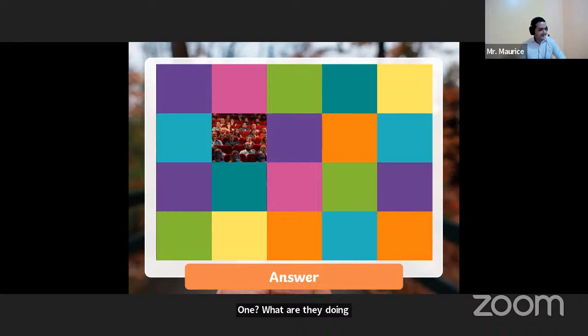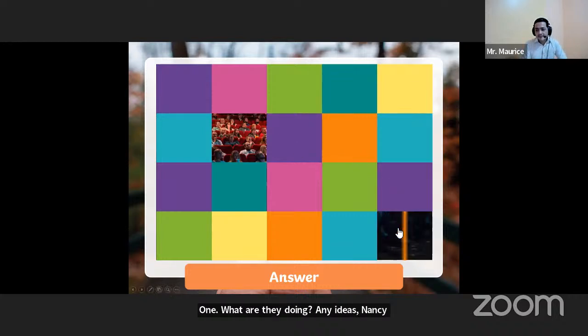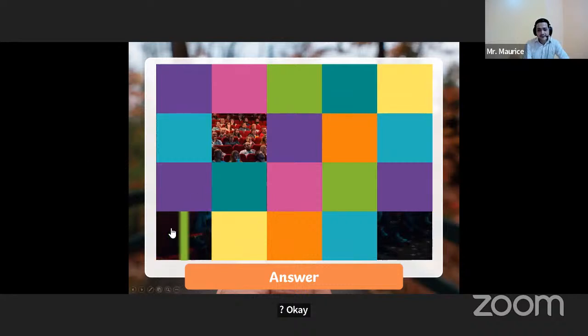Any ideas? Okay. What are they doing? Okay. Dancing? No, they are not dancing.